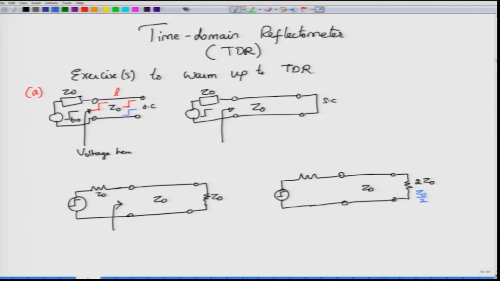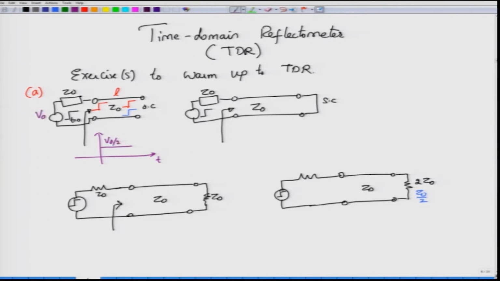If you monitor the voltage at this point, which is at the input terminals of the transmission line, and sketch what kind of voltage you are going to observe, you will see that initially it is a launched voltage of V0 by 2, assuming the step has an amplitude of V0.